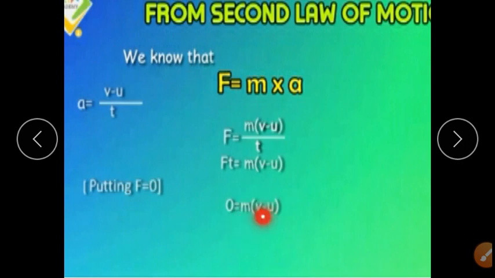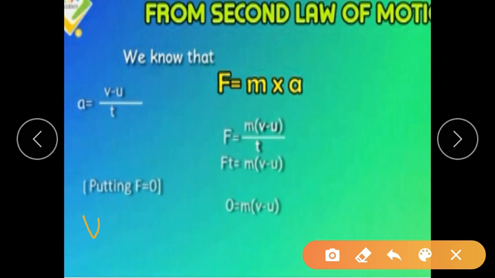Therefore, which value will be 0? V minus U will be 0. Therefore, we can write V minus U equal to 0 or V is equal to 0 plus U or V is equal to U. We will get the final result V is equal to U.